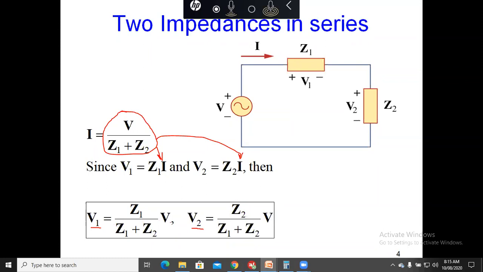And this is called the voltage divider rule, that the voltage is divided into V1 and V2. Because, as we say, the applied voltage is divided into V1 and V2. So this is the rule of KVL.